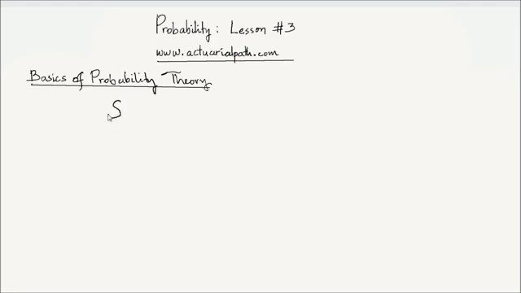If we have a sample space S, and we have an event A, which is a subset of the sample space, then we could assign a value between 0 and 1 for this event A that we call the probability of A, which we denote by P of A, and that is between 0 and 1.